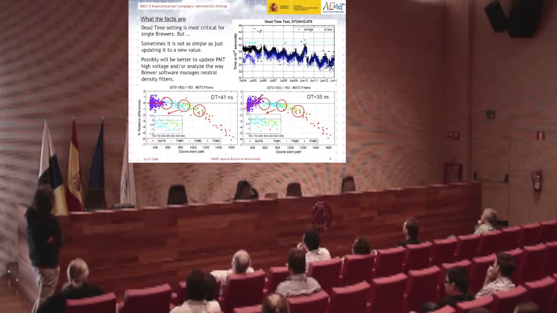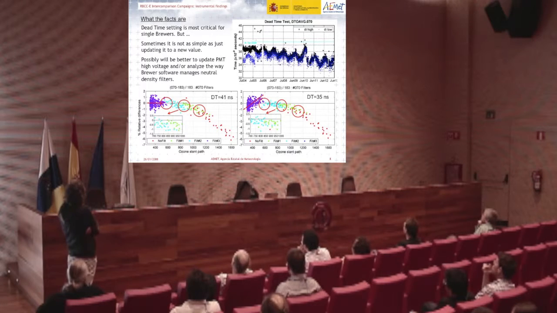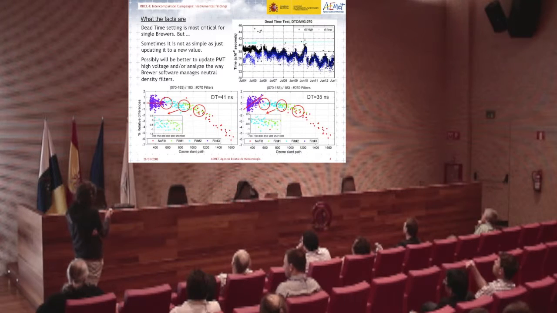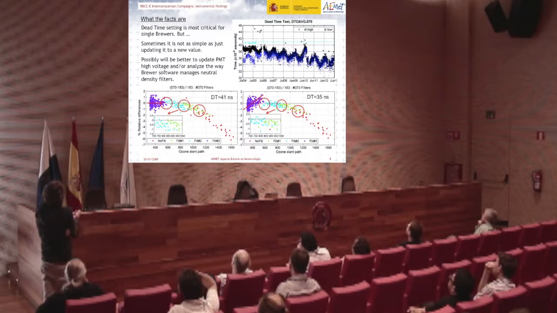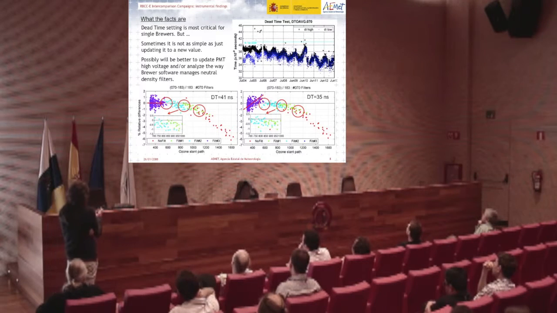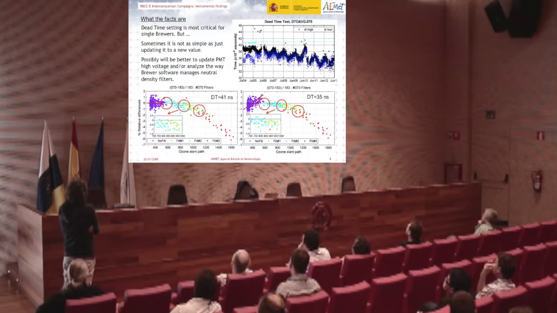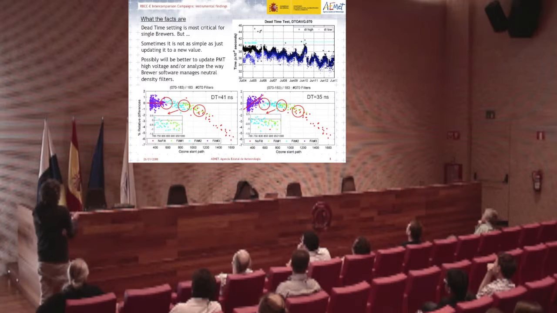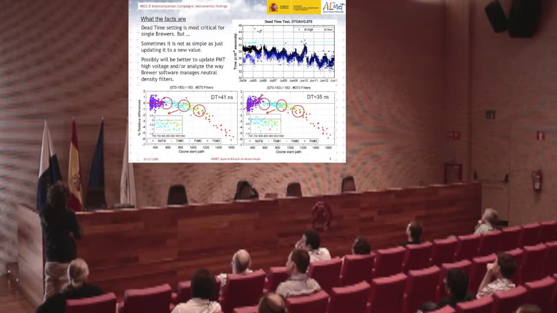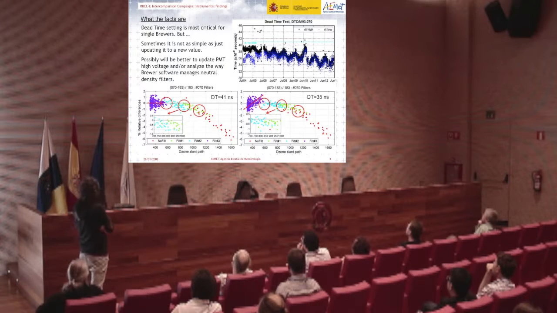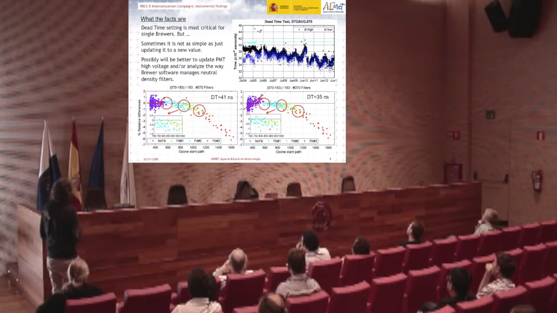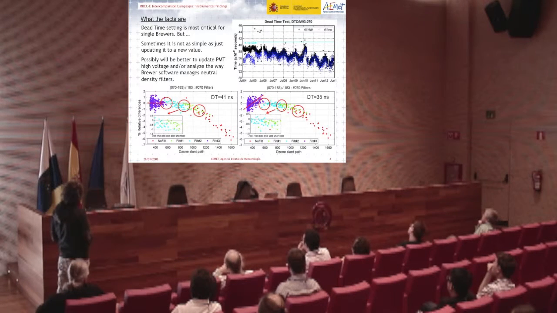So what are the facts? This is quite common. We have a Brewer working with some operative value, in this case 41 nanoseconds, but we measure a value which is quite different, in this case 35 nanoseconds. So what value should we use? Which one of them is correct?